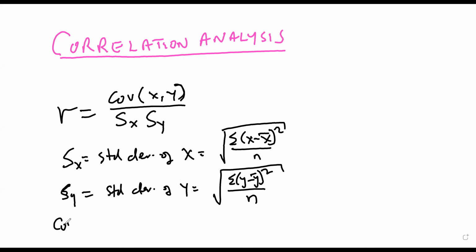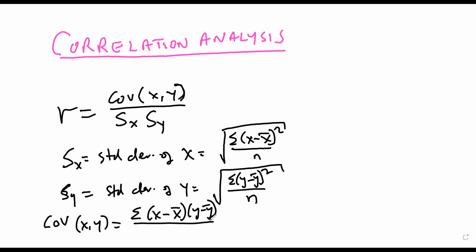Then COV of XY, this is the covariance of X and Y, which is given by, the covariance is some arithmetic mean, which is given by summation of X minus X bar, Y minus Y bar, that is, a summation of that product of deviations divided by N. Okay.